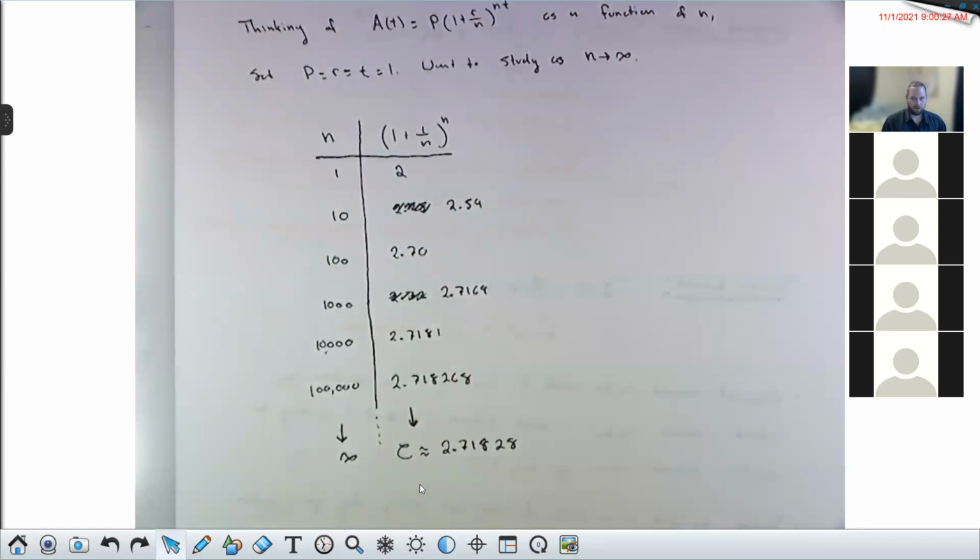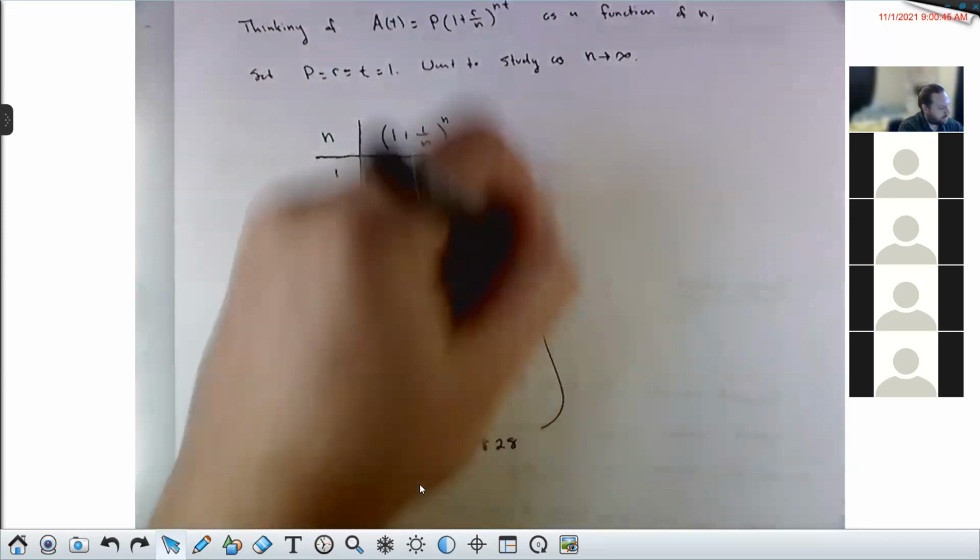Remember, we've talked about average rates of change a few times in this class, and I hinted that there's something called an instantaneous rate of change. The instantaneous rate of change for e to the x is e to the x. It's very special. So some facts about this number.